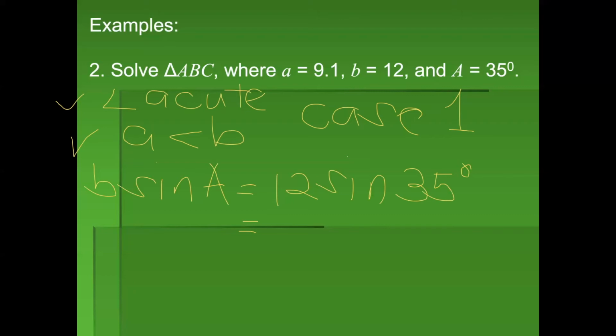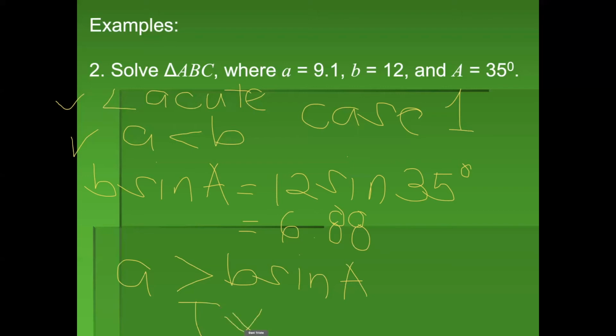We have 6.88. When we compare it with A, which is 9.1, we can say that A is greater than B sine A, which is 6.88. Since A is greater than B sine A, we have two solutions.